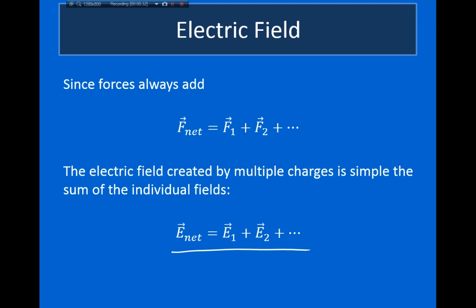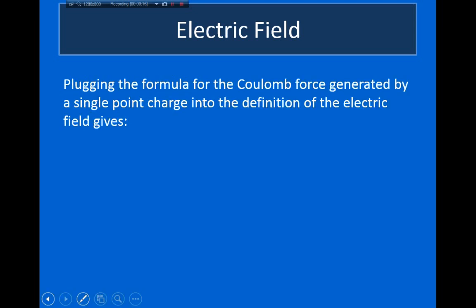Now, when I first defined the electric field, I said that the electric field is equal to the force that would be exerted on a charged particle divided by the charge of this particle. Now, because we know how to calculate the Coulomb force that is exerted between 2 point particles, we can actually write down a formula for the electric field that is created by a point particle.